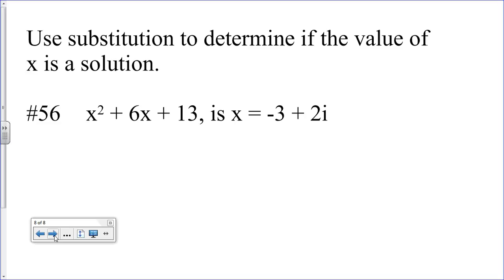So I'm going to substitute that in for x. Just like with real number values, anytime you plug something in for x, you plug it in with parentheses. In this quadratic trinomial, I have two places where there's an x. So I'm plugging that in.